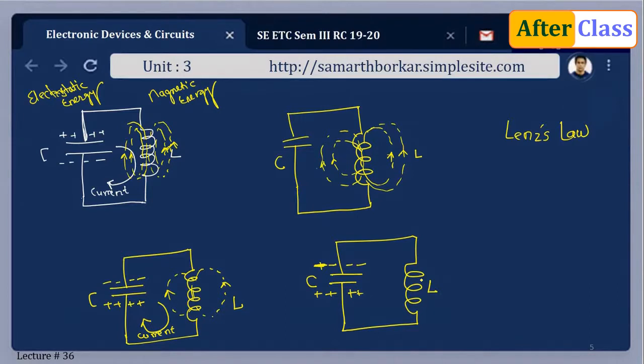Now this capacitor again starts discharging through inductor L, but now the direction of current through this circuit is opposite to the direction of current we have discussed earlier in the circuit. So now this will be the direction of flow of current.